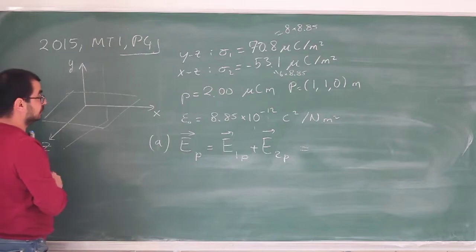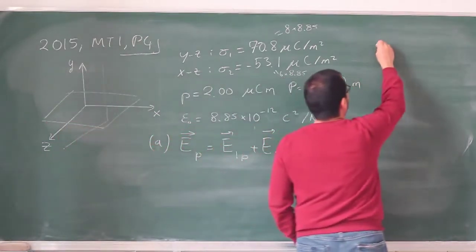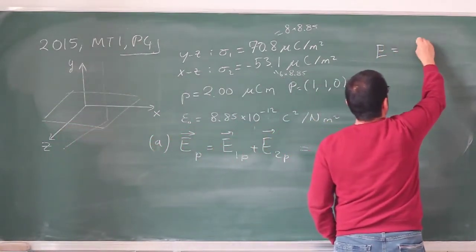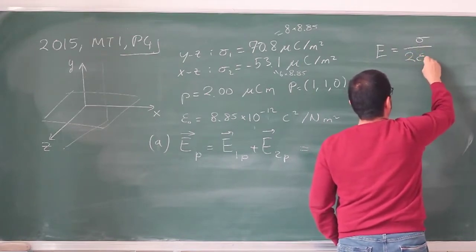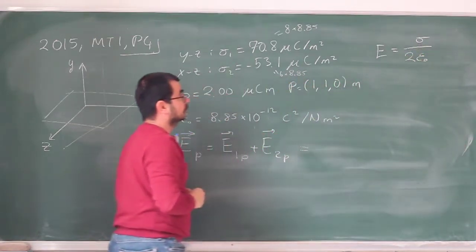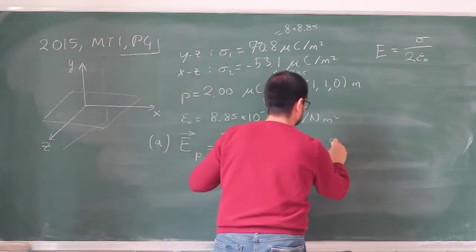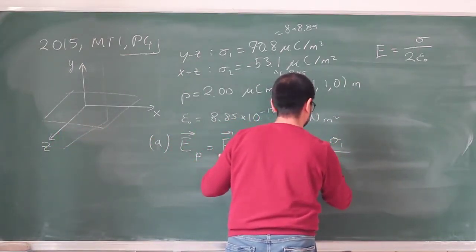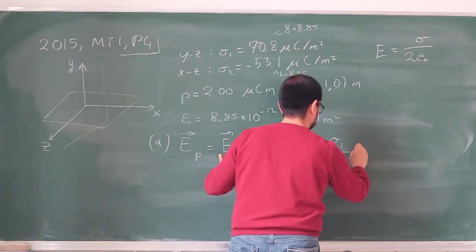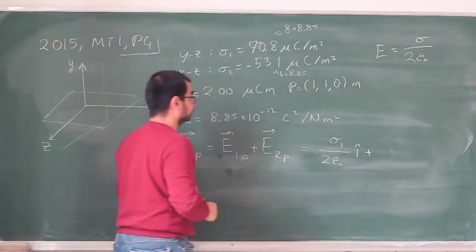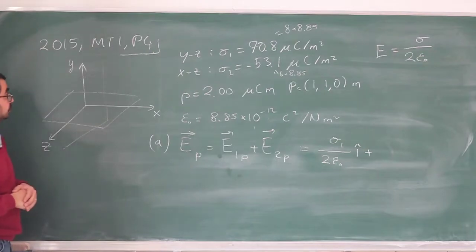The electric field produced by a plane of charge is sigma over 2 epsilon naught, so this is sigma 1 over 2 epsilon naught in the i hat direction.